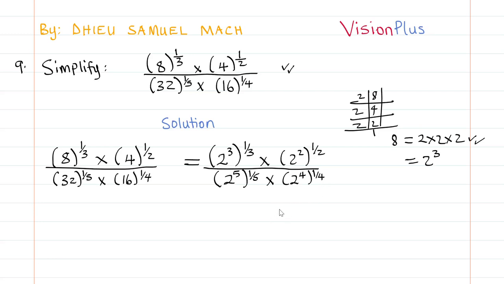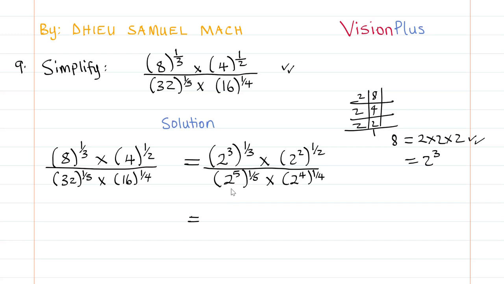So we have expressed the bases in terms of powers. Then we simplify. Remember from your indices, there is a law that says if a number with a power is raised to another power, then the new power is simply the product or the multiplication of those two powers.